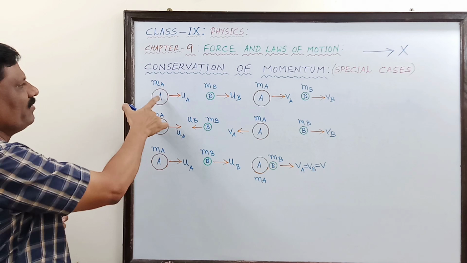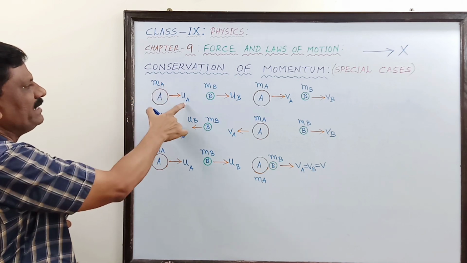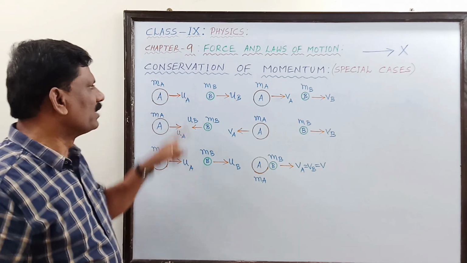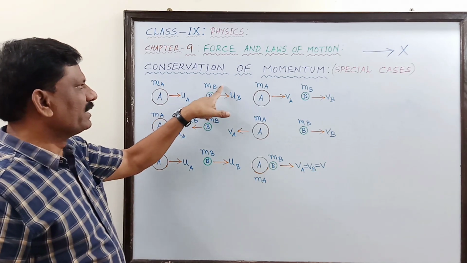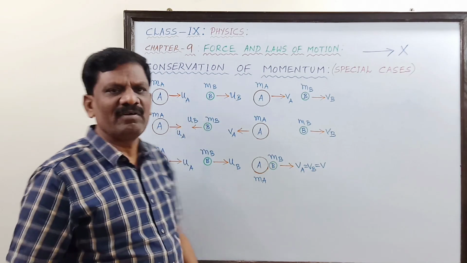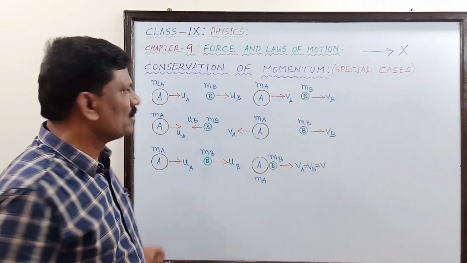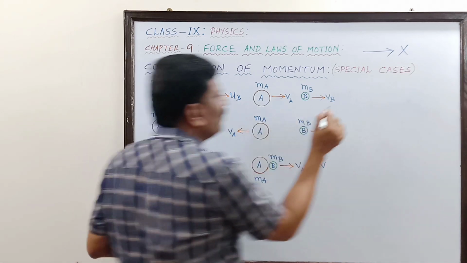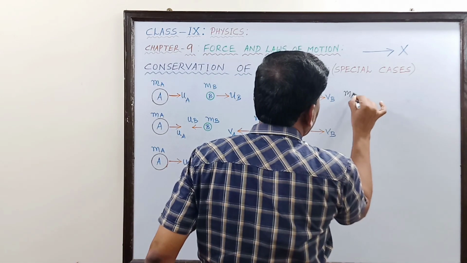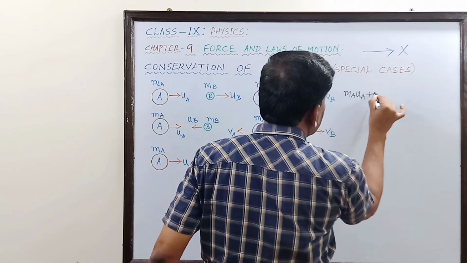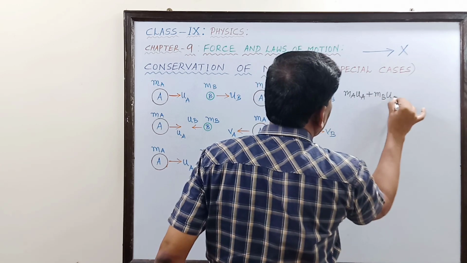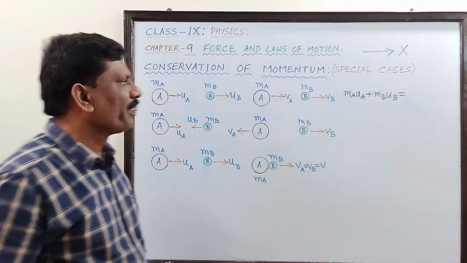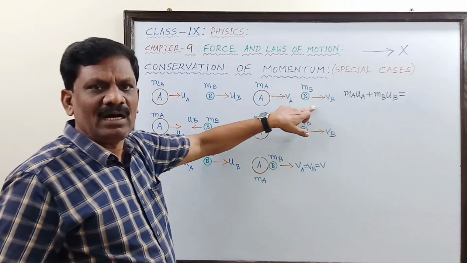What is the momentum of A in the first picture? Initial momentum is MA into UA. Is it positive? Good, it is positive. Like that, MB into UB is the initial momentum of B. It is also positive. So before collision, the total momentum is MA UA plus MB UB. And this must be equal to the sum of the momentum after collision.